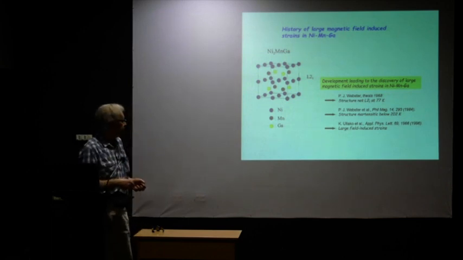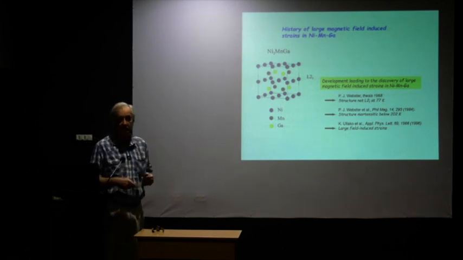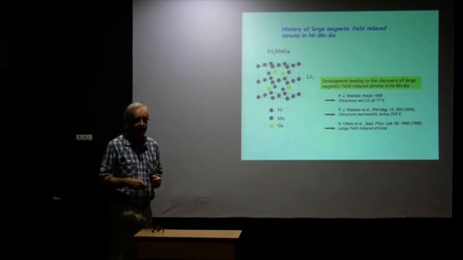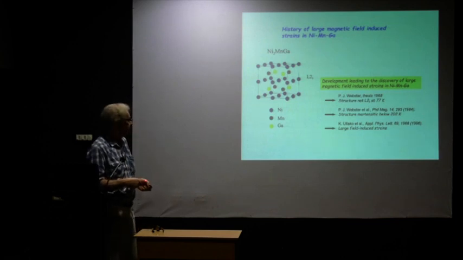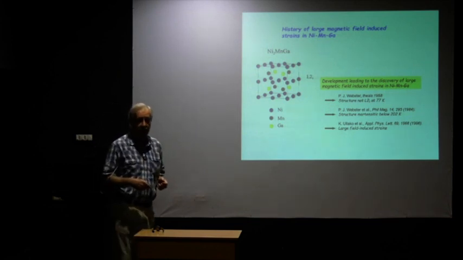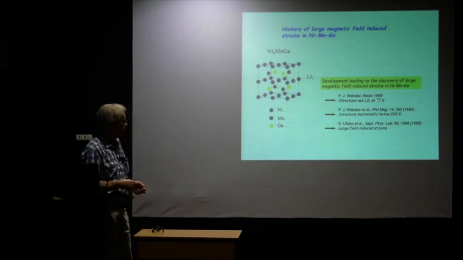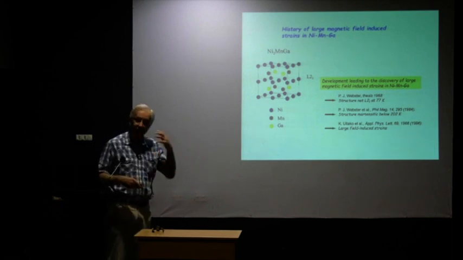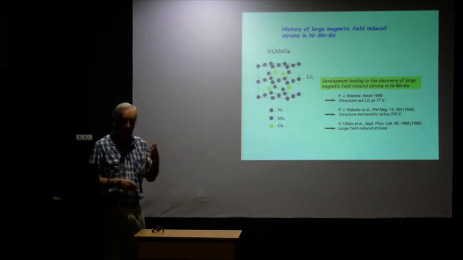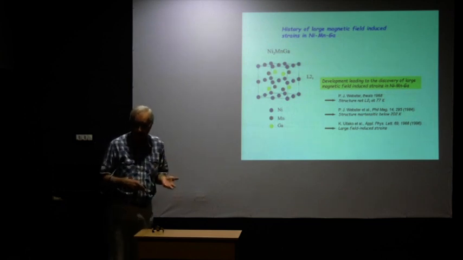And it was back in 1968 when they were doing neutron diffraction at Harwell that they came across the fact that the structure at liquid nitrogen temperature was not the same structure as it was at room temperature.